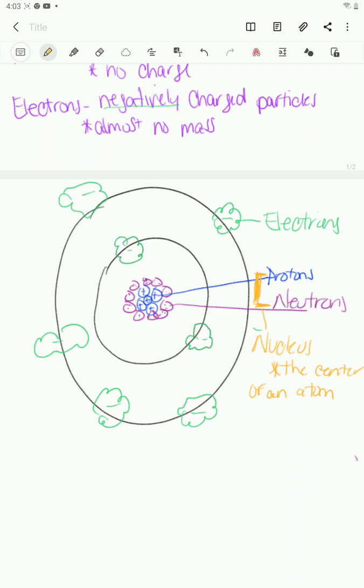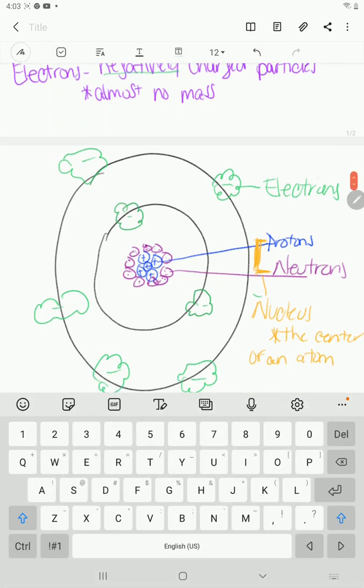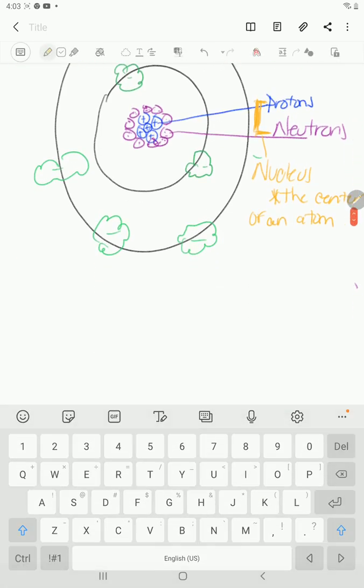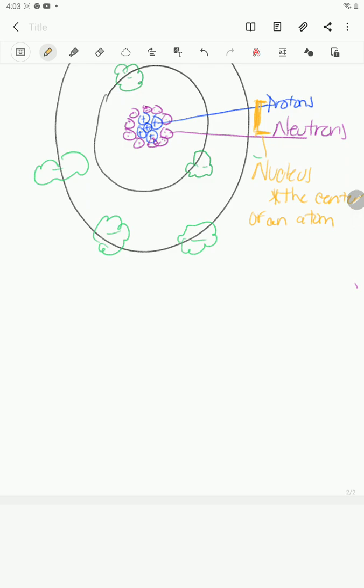So now let's talk a little bit about changes, okay? So let's go back. We'll put blue on. So what are physical properties?